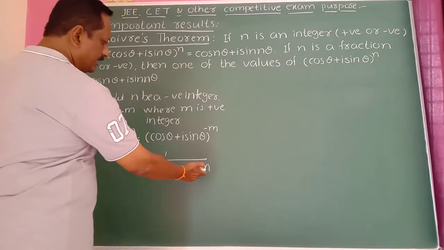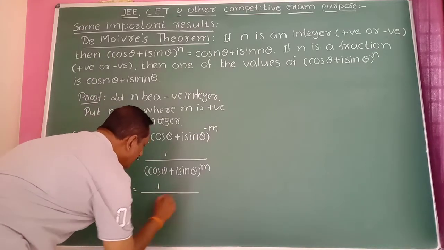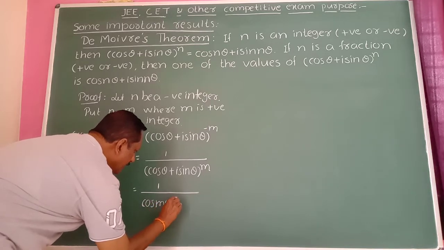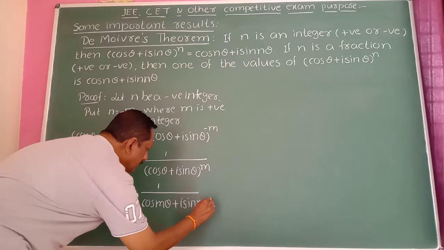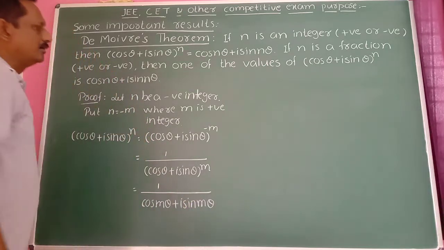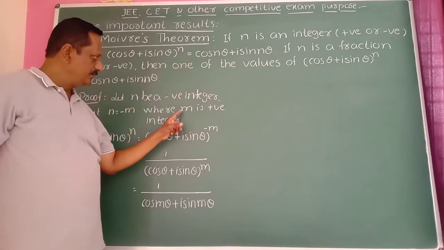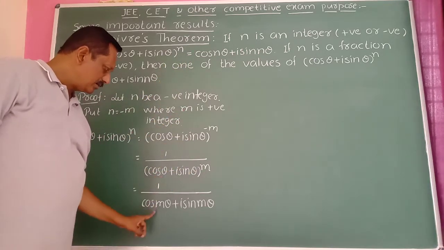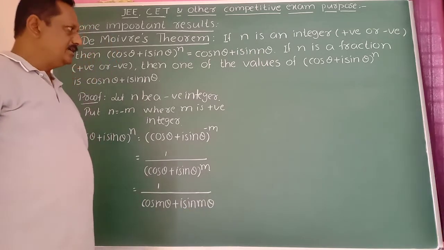Therefore you can take m inside, because m is a positive integer. So according to the theorem you can write cos m theta + i sin m theta. Now you rationalize here.